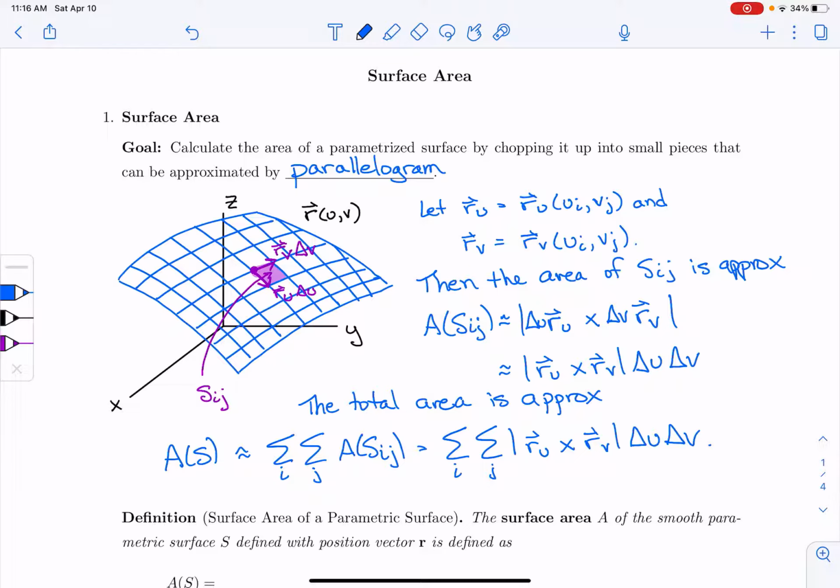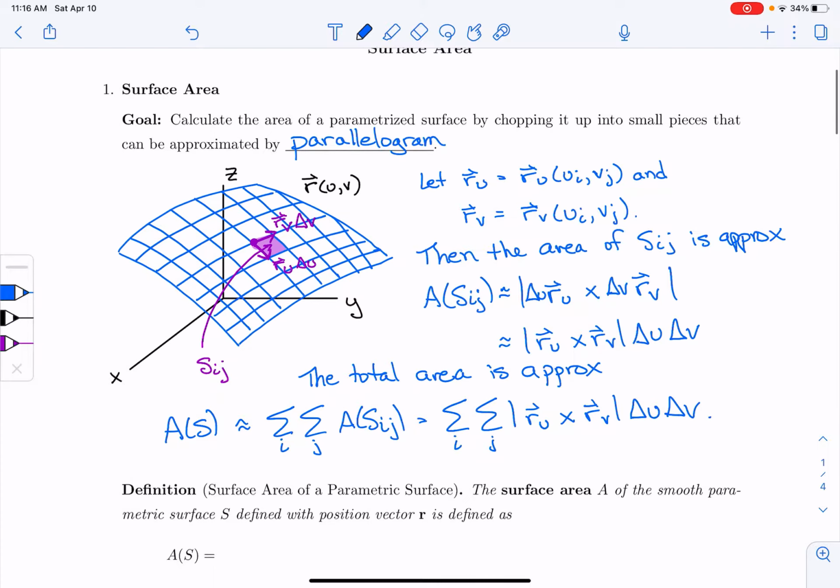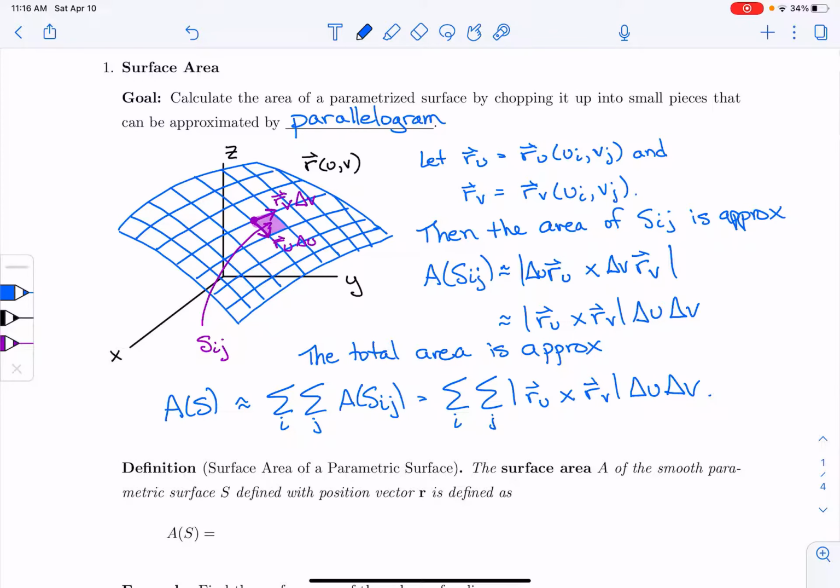And so I'm going to get closer and closer to the true area of the surface. So what I'll want to do is take a limit as delta u and delta v go to 0. If I do that, then this Riemann sum becomes an integral that represents the exact surface area.